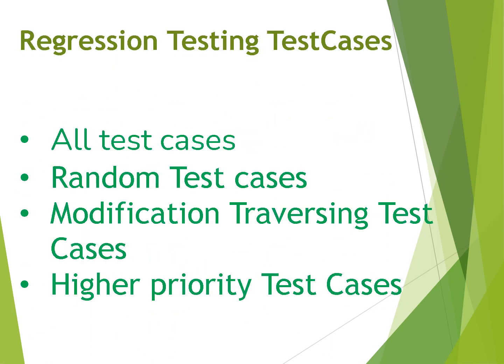Friends, how are test cases selected for this regression testing out of the system testing test cases? There are mainly four types to deal with this challenge. The first one is selecting all test cases and executing all test cases, and the second one is executing random test cases. This is not considered to be the best practice. And the third one is modification traversing test cases.